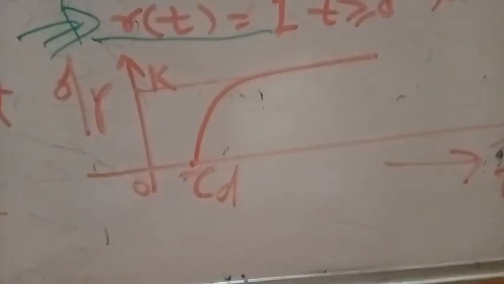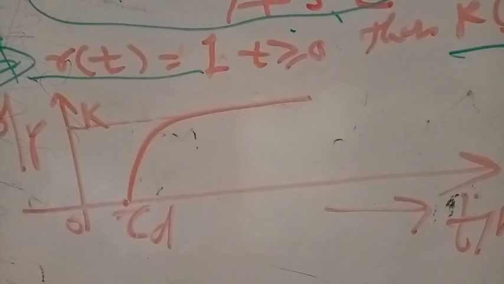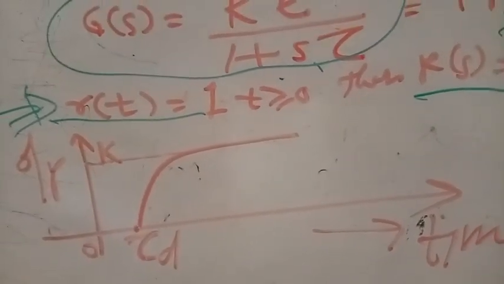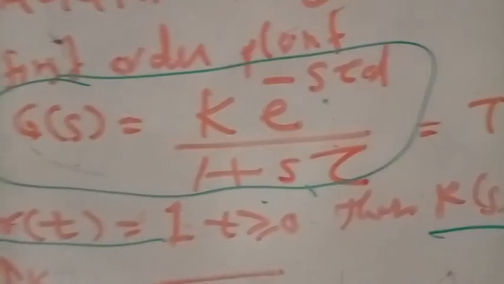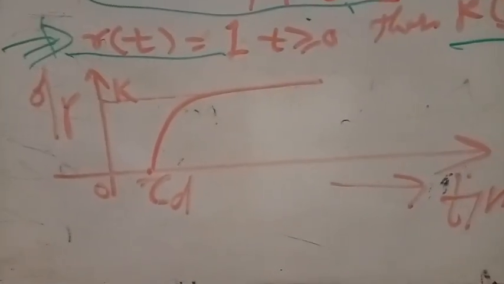So finally we obtain one characteristic, the characteristic between the output and the time. Here we conclude that the transfer function has one extra term, and for the unit step we obtain one graph.